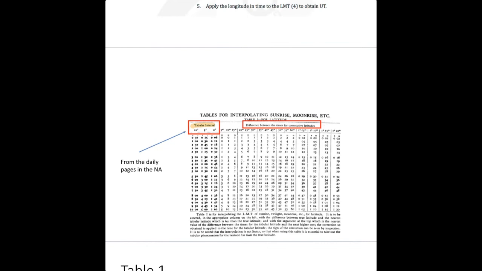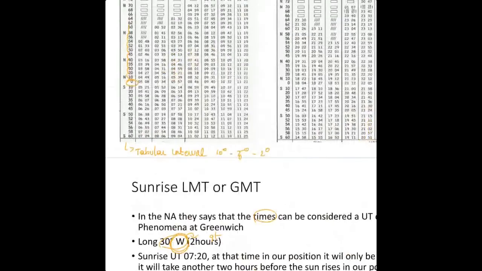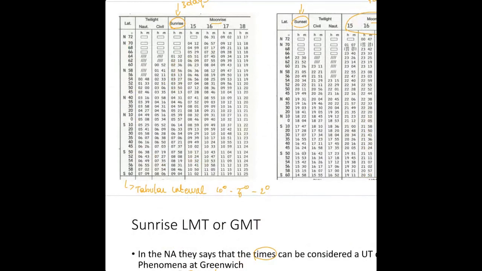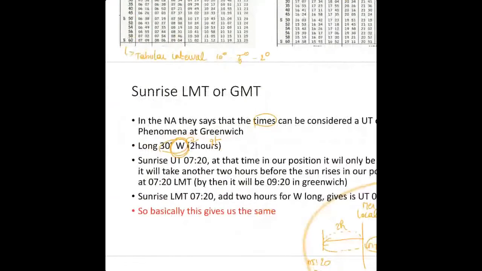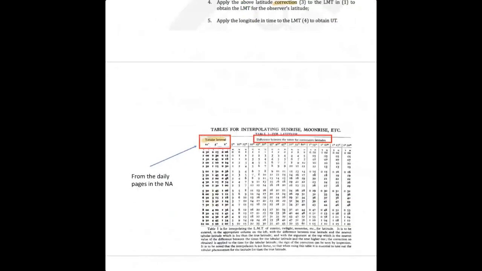So in my example, let's take 50 and 45 degrees. We have a tabular interval of 5 degrees, and the difference between these two times is 23 minutes, if I'm not mistaken. So the difference is 23 minutes and the tabular interval is 5 degrees. I go to my correction table and take the correction from the 5 degrees column.